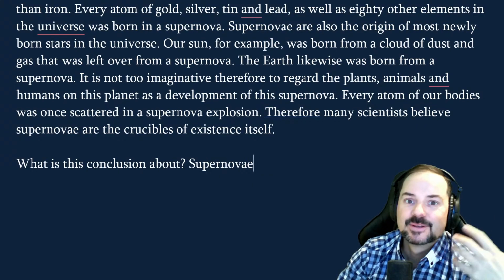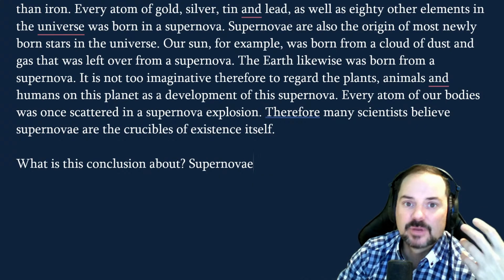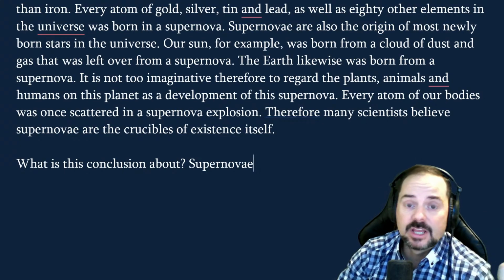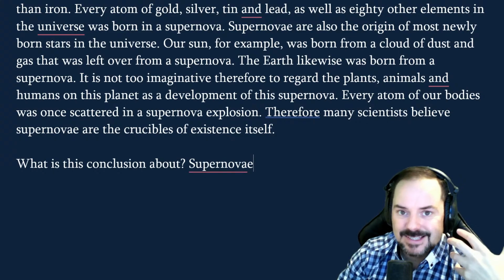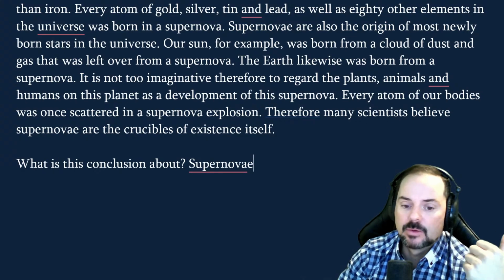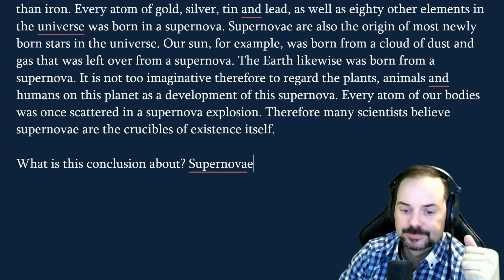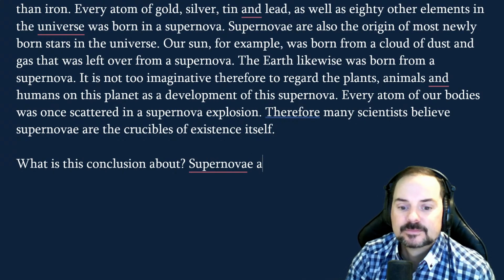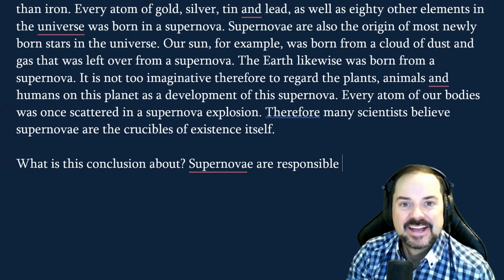Yeah, it creates the heavier elements, exactly. Maybe humans originate from the dust of supernovae. So in a simple sentence, Lola, what is this paragraph about? It's about supernovas combinations, elements, supernova elements, I guess.